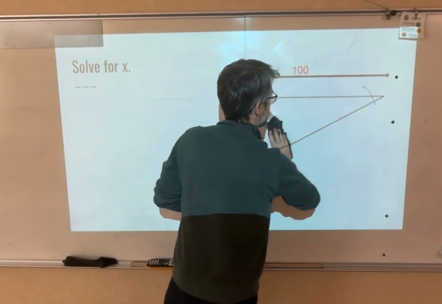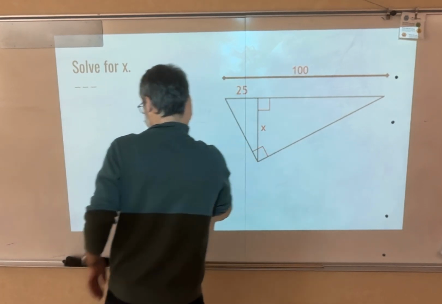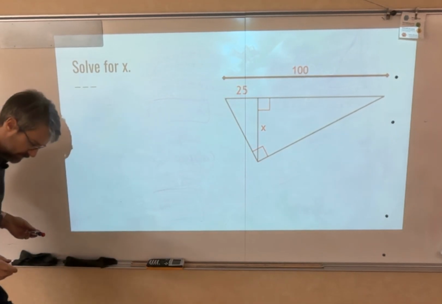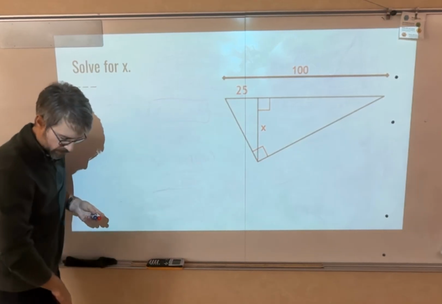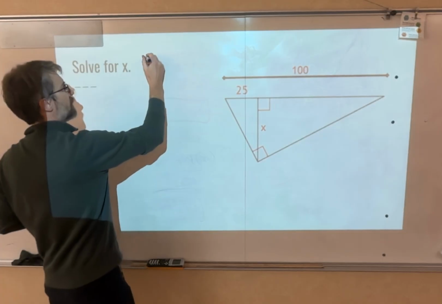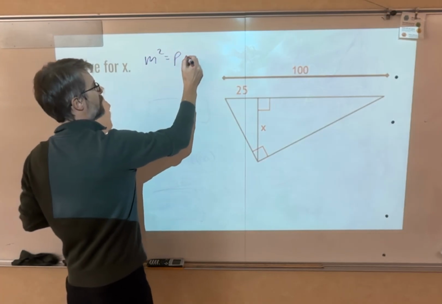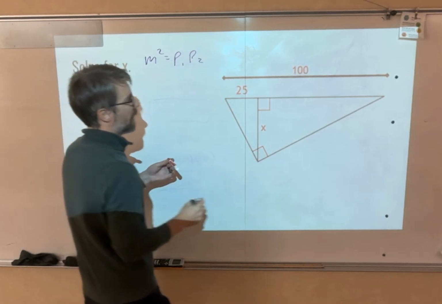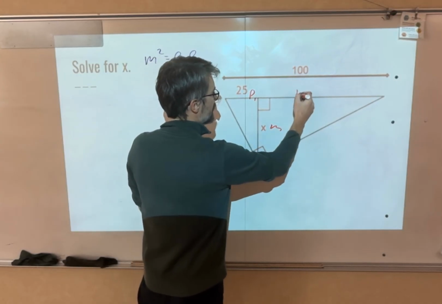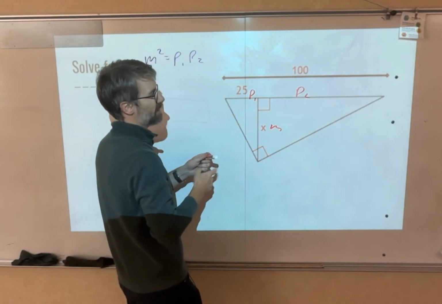All right, I've got it set up for the middle rule. I just need a little bit more information. So our middle rule, m squared is part 1 times part 2. I know I've got middle, I'll call that P1, and then this is P2. I don't know what that is, but I've got enough information, right?